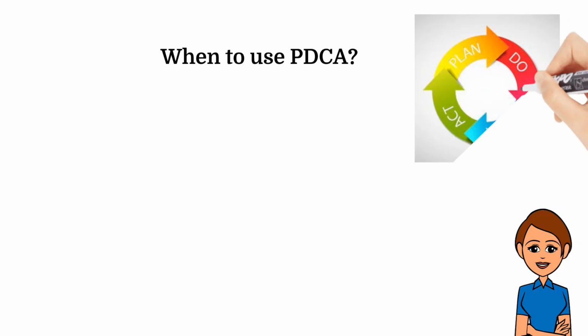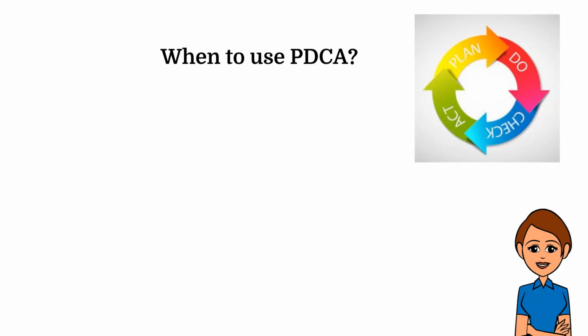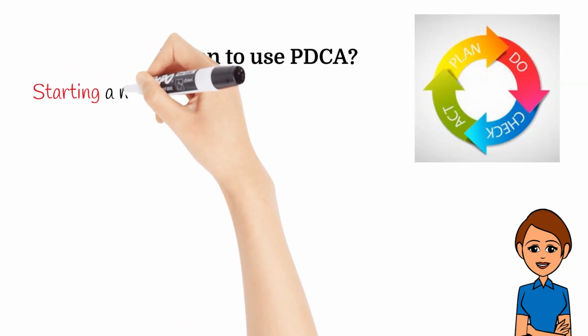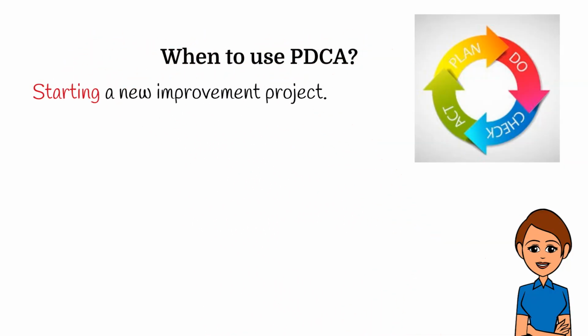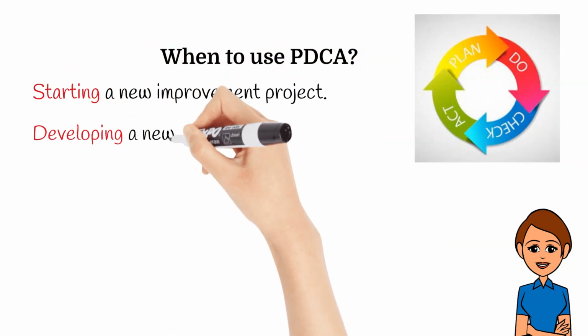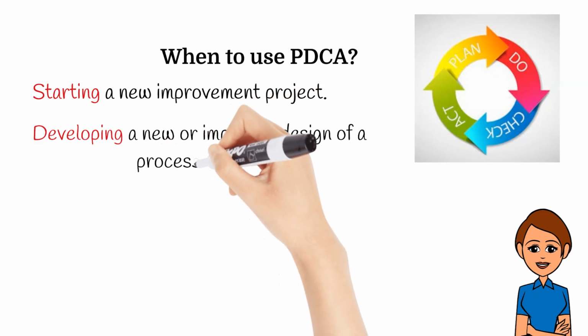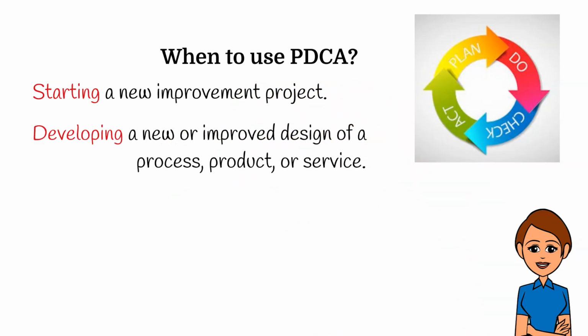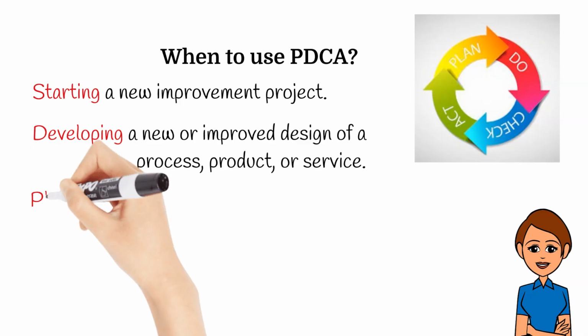Now a question may come to your mind as to when to use the PDCA cycle. Actually speaking, there is no single and standard answer for this. This PDCA approach may be applied almost everywhere. This approach can be used when starting a new improvement project, developing a new or improved design of a process, product, or service, after receiving customer feedback.